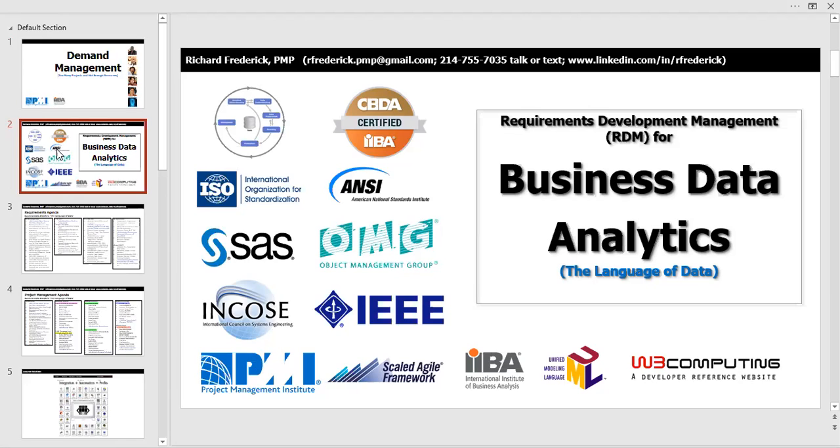This particular set of presentations was started around the concept of requirements development for business data analytics, the language of data. All of these logos represent organizations that are all grappling with the challenge of trying to elicit requirements for everything, whether it be product, process, or data, which is really all there is.